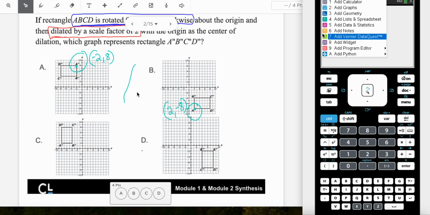And for this one, A prime prime, the coordinate is -8, 2. And for this A prime prime, right here, the coordinate is 8, -2.